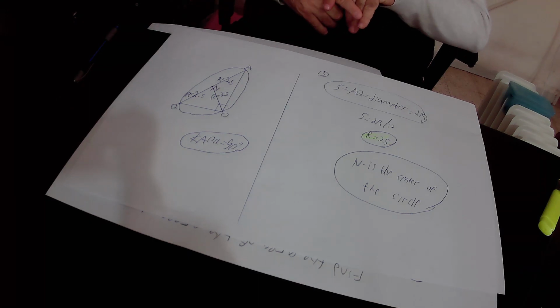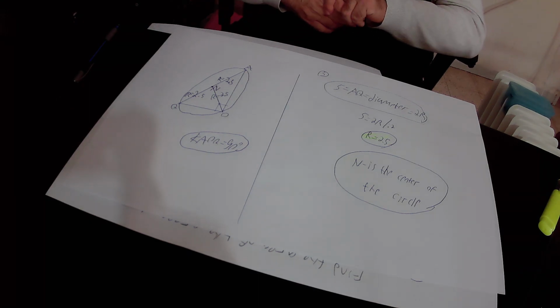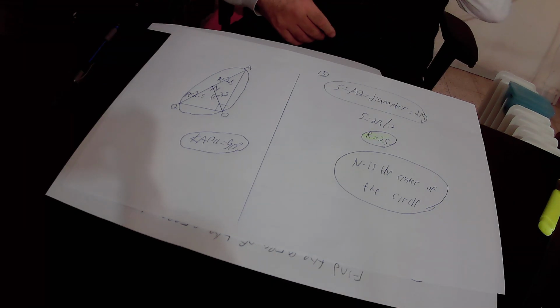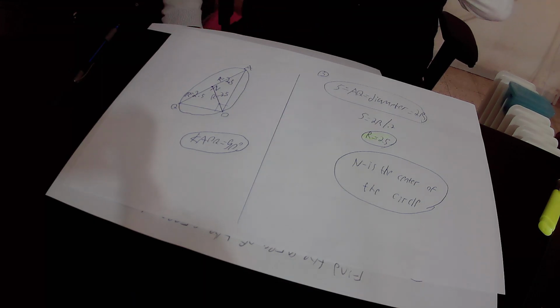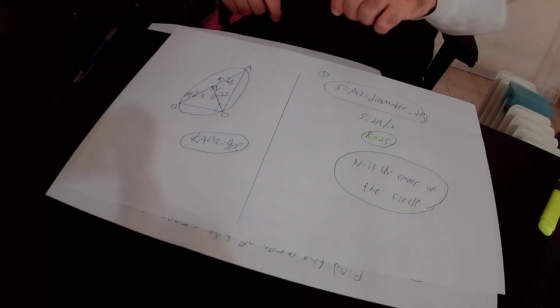Actually, we have the rule that the center of any circle is located at a point where the two radii touch each other.